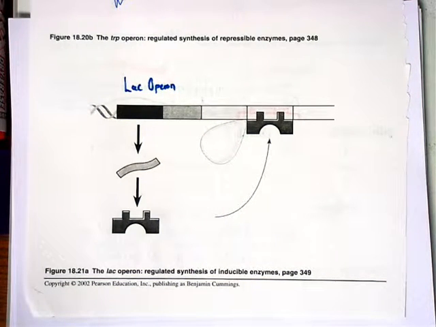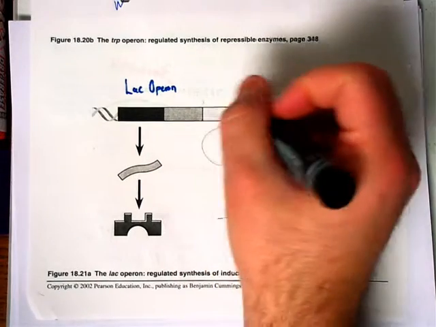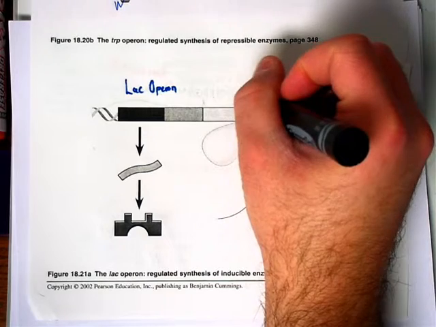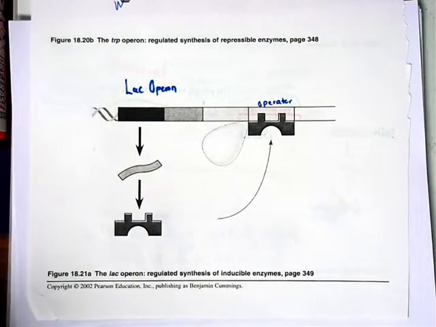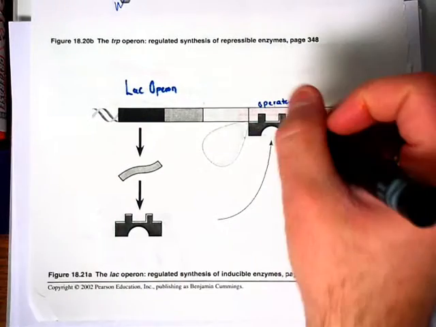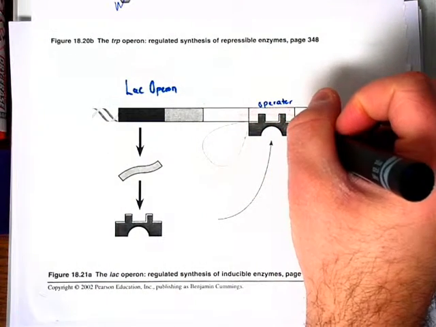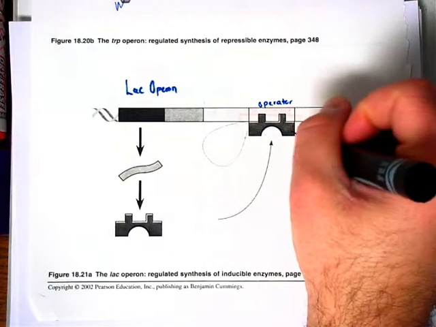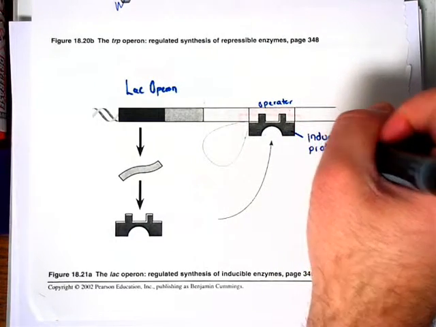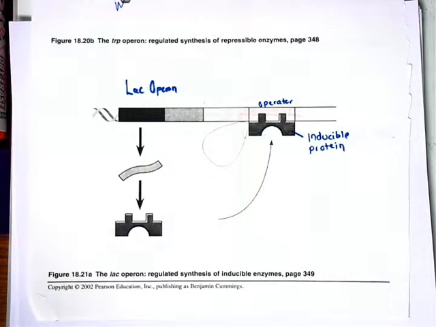So what we're seeing in this drawing is basically your operator region right there. And you're seeing an enzyme right here, or protein, that actually is an inducible protein. So a protein that can be turned on, that can change its shape.